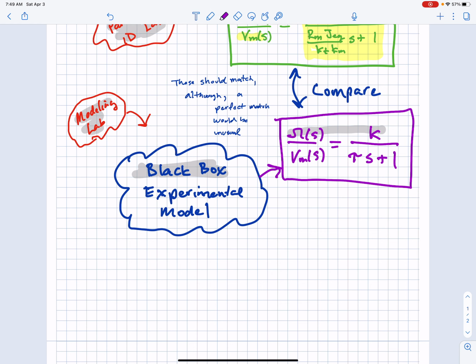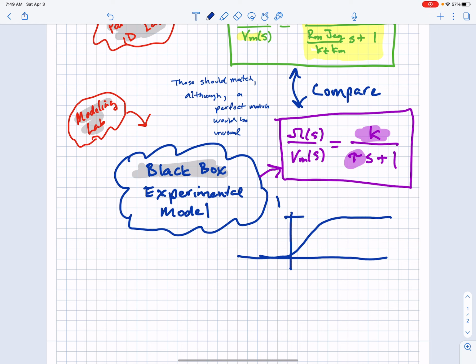This form has a gain constant K and a time constant tau. The reason we write it in this form is it becomes easier to estimate the parameters K and tau, because when you look at your time response, if you have a step response, you get something that looks like this.